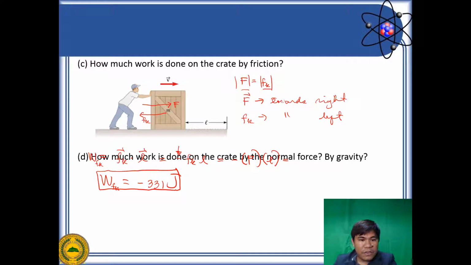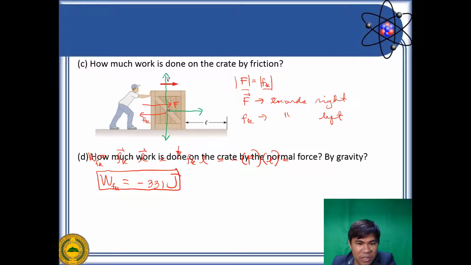Now, for letter D, how much work is done on the crate by the normal force and by gravity. Notice that the normal force is directed upward and the gravitational force is directed downward. When we compare these two forces to the displacement, we see that the displacement is towards the right.